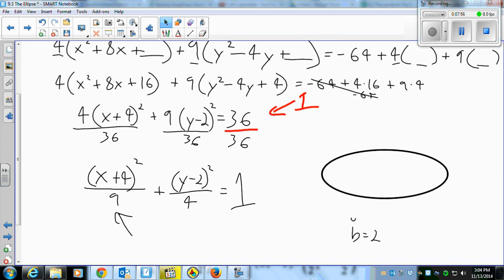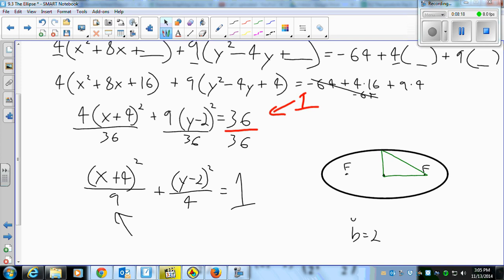And then let's go ahead and label some of the things we know. So we know we're going to have a focus, and we're going to have a center, and then our focus is going to be here, and our equation relating A, B, and C are all going to be here.